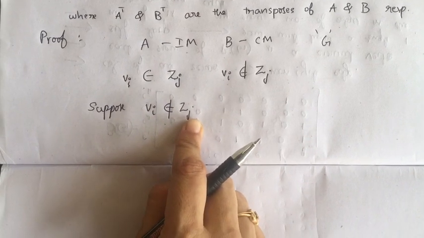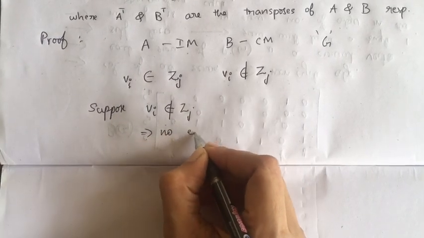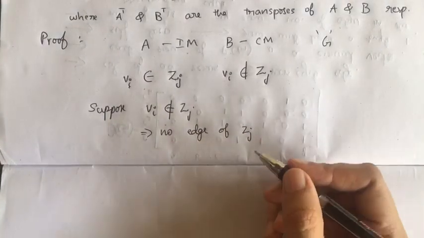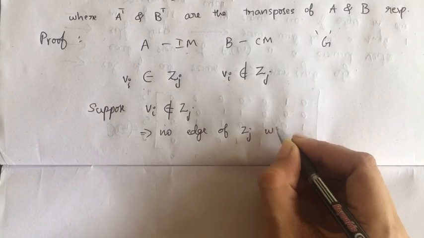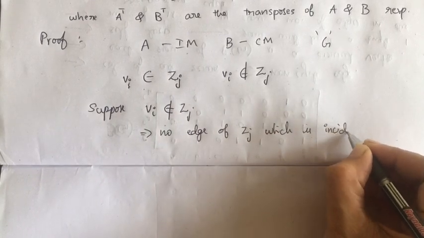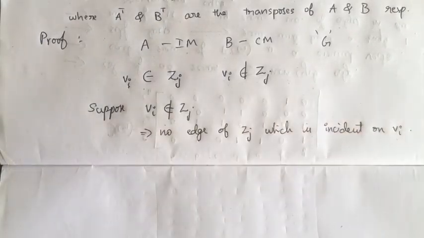So that's the same as saying no edge of Zj is incident on vertex Vi.